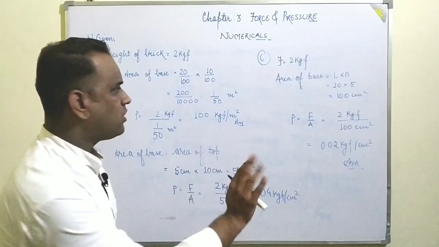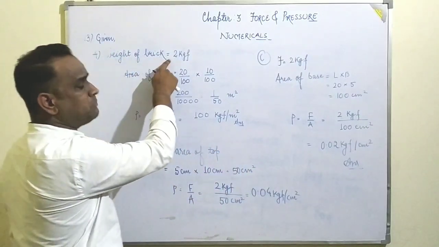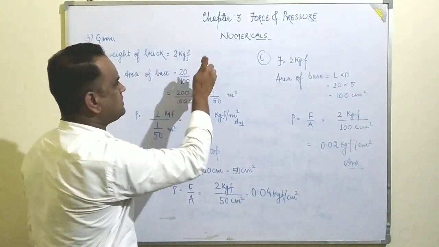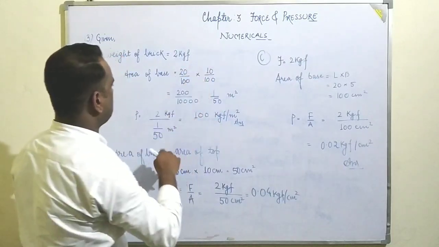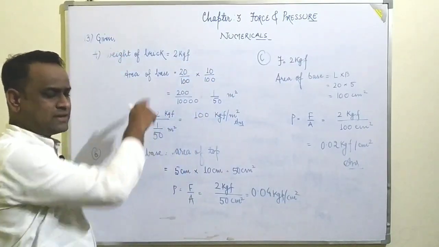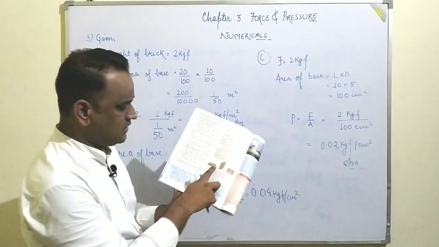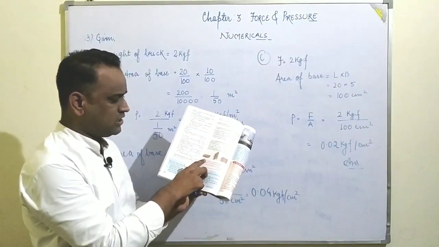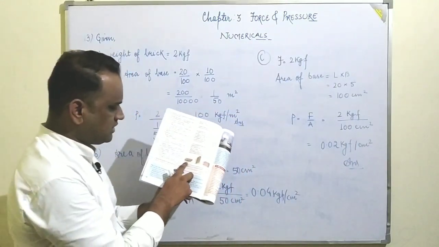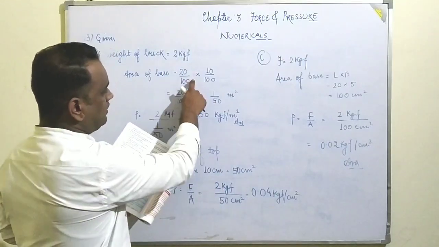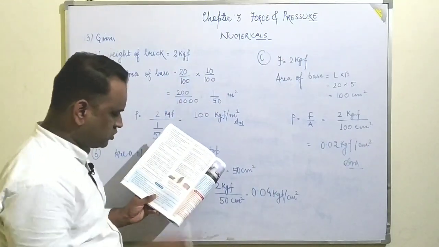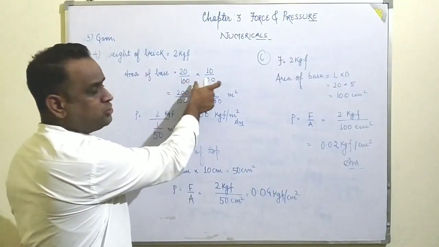Here the weight of the brick is 2 kilogram force, as given in the question. So we will calculate the area of the base. In the first part, 20 centimeter into 10 centimeter, length into breadth.